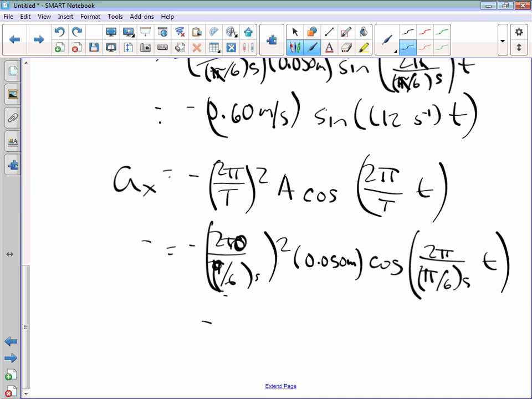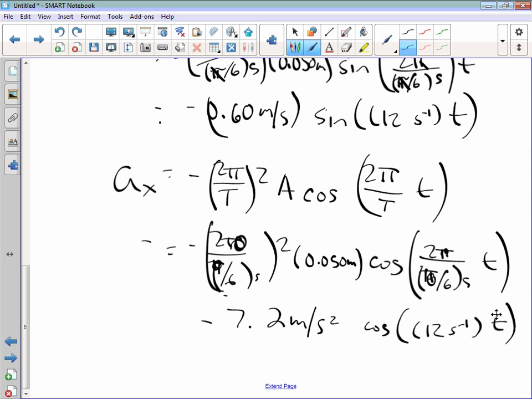That puts us at negative 7.2 meters per second squared, times cosine of, these cancel, bring that up top, 2 times 6 is 12, 12 seconds to the negative first, or hertz, multiplied by time.